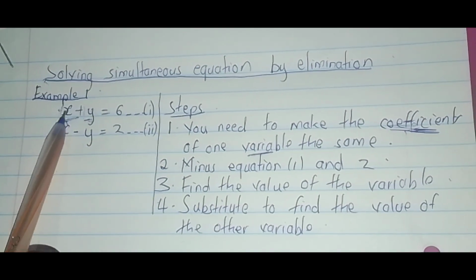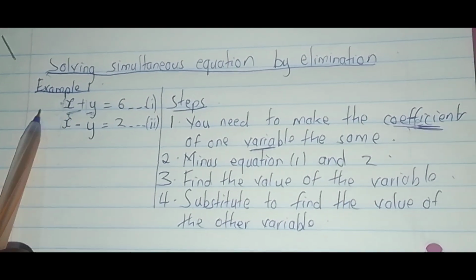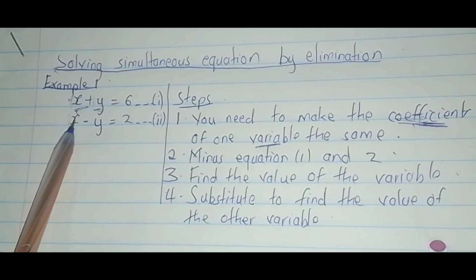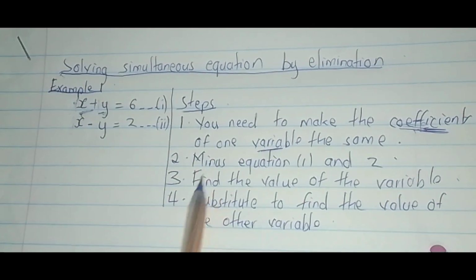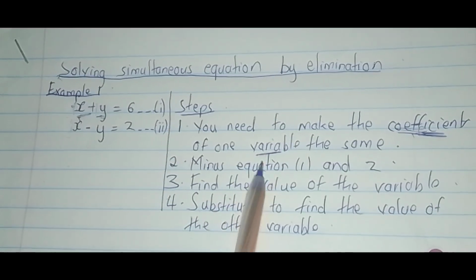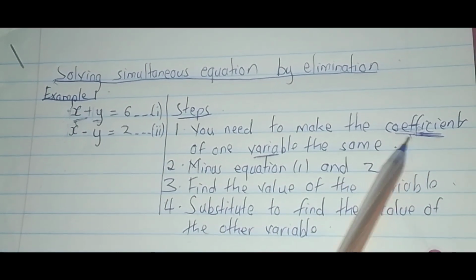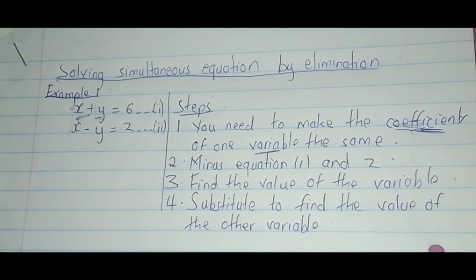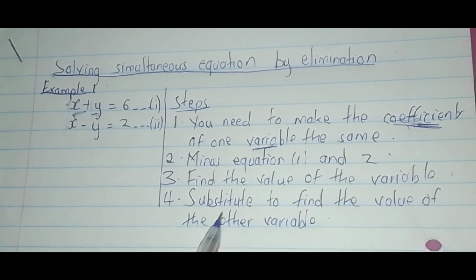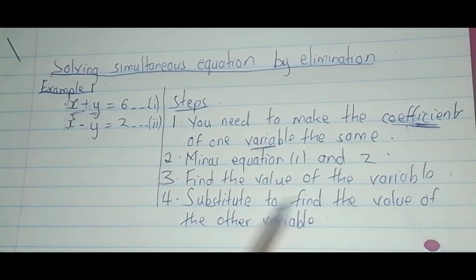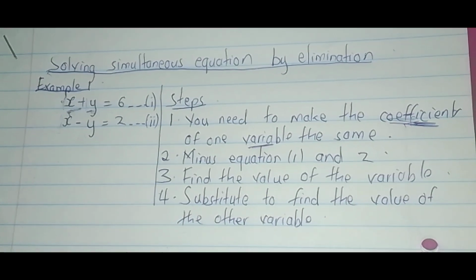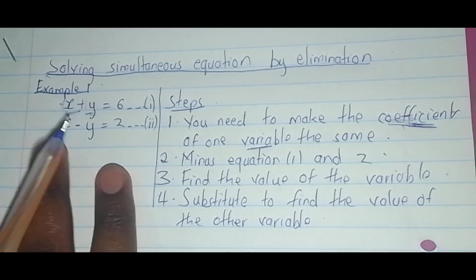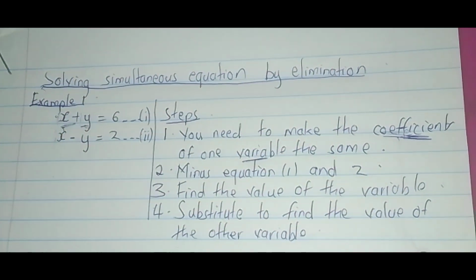So we need to make the coefficients of x in equations 1 and 2 the same. Step 2, you need to minus equation 1 and 2. Step 3, find the value of the variable. Then step 4, substitute to find the value of the other variable. So I'm going to use these steps in order to find the value of the x variable.